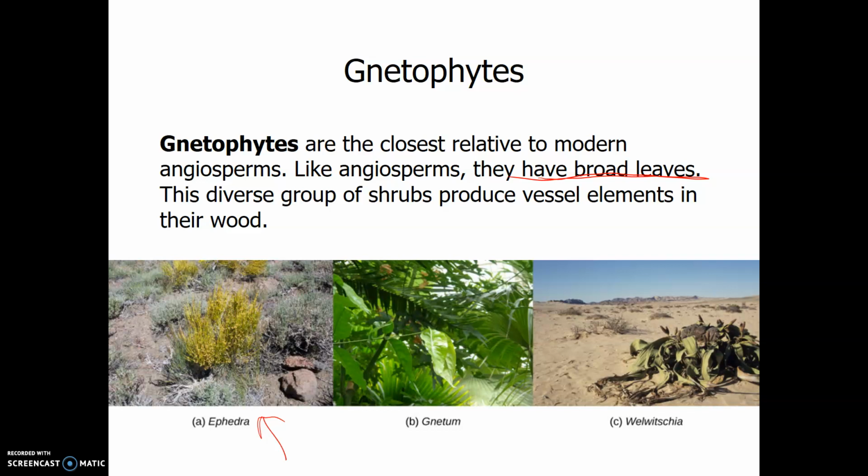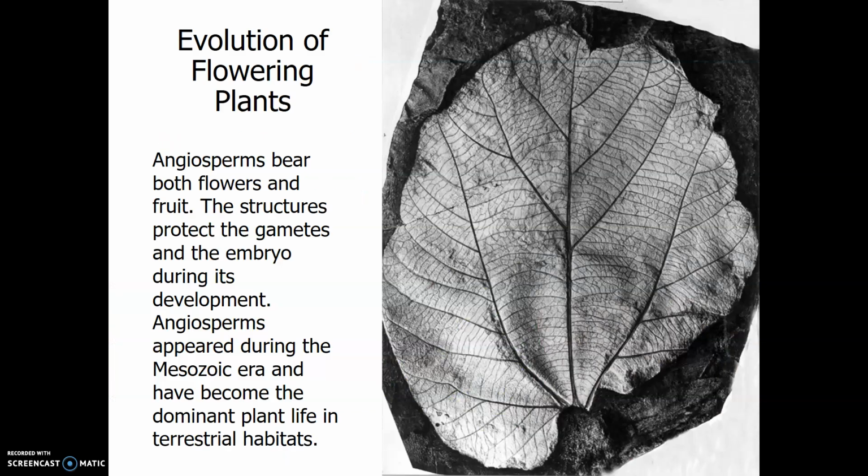I think it's banned now, but at one time it was an ingredient in diet pills. It's kind of like natural caffeine. And then there's Welwitschia, which is very, very old. It can live for thousands and thousands of years.